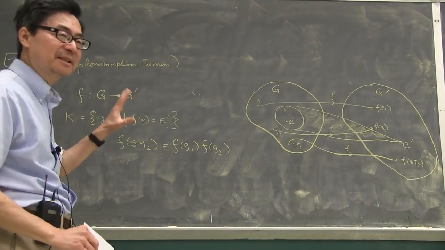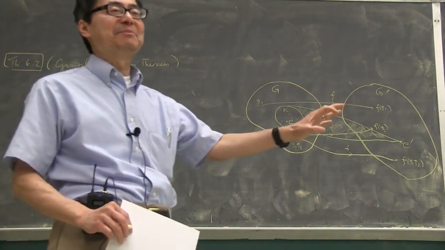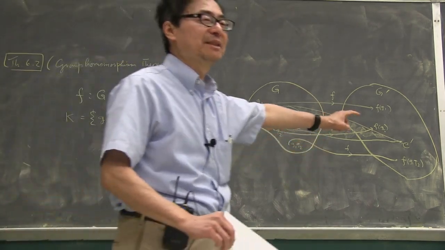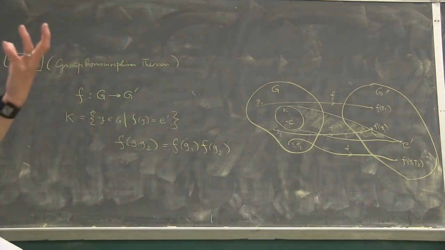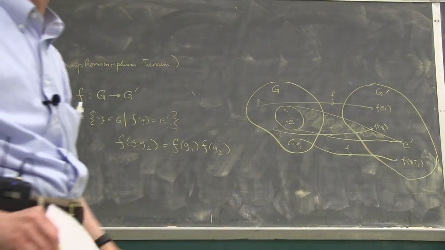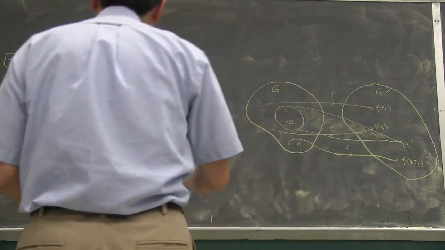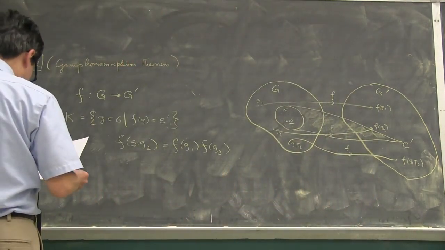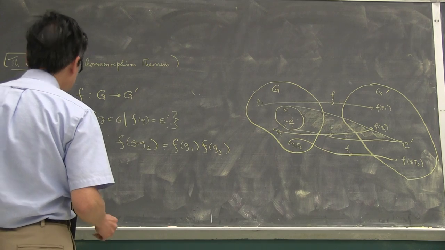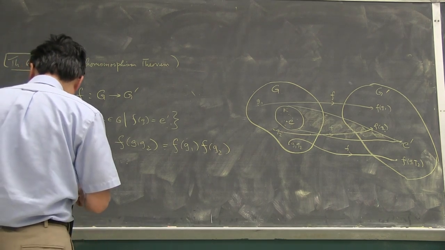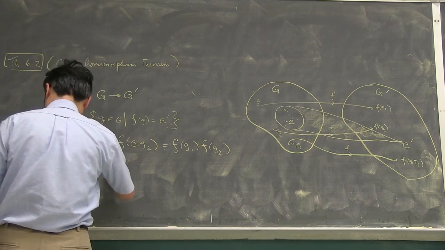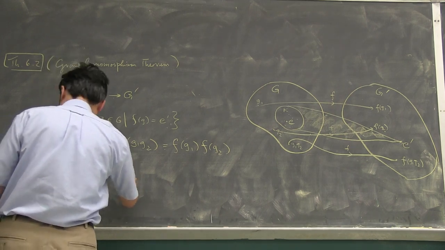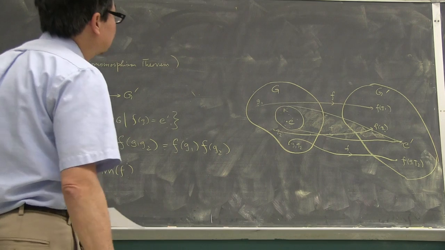It's like a little nut in there. That nut gets mapped, the entire nut gets mapped to a single point, which is the identity. Okay? Think of the kernel as a little seed that you're biting, something like that. Okay. And now, let's also define the image of the homomorphism.